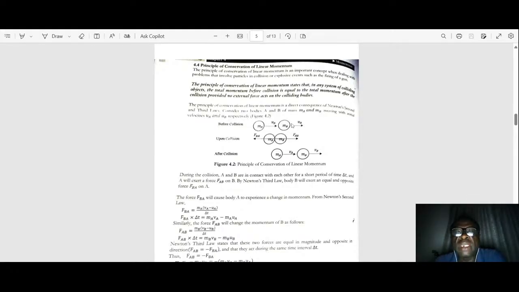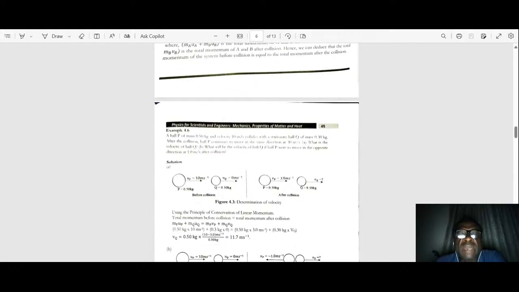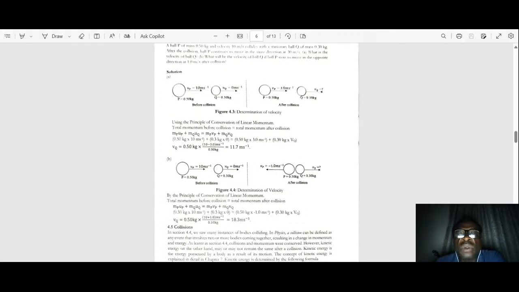These are the two masses. Upon collision, then after collision, the momentum before and the momentum after collision are equal. That is the conservation of linear momentum. Like I explained before, we have two types of collision: elastic collision and inelastic collision.